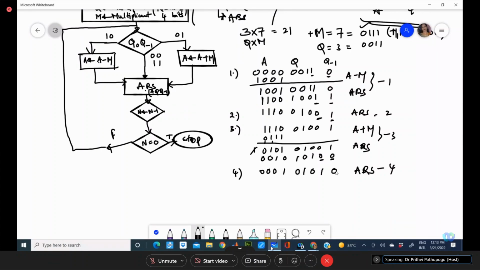If you check that, you'll be getting the answer. A, Q combined, you will be getting that as 21. AQ, I'm saying AQ, not Q minus 1. You shouldn't take Q minus 1. That becomes different. This is 1, 2, 4, 8, 16. So 16 plus 4 plus 1, 21.